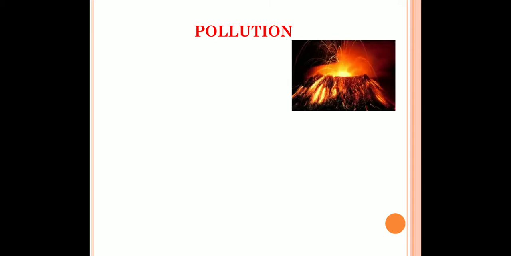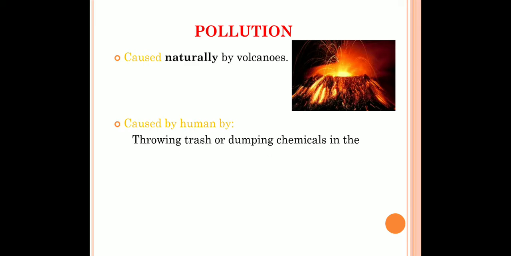The third one is pollution, and pollution can happen naturally by volcanoes or by the interference of humans, by throwing trash or dumping chemicals in the water from the factories and the machines.